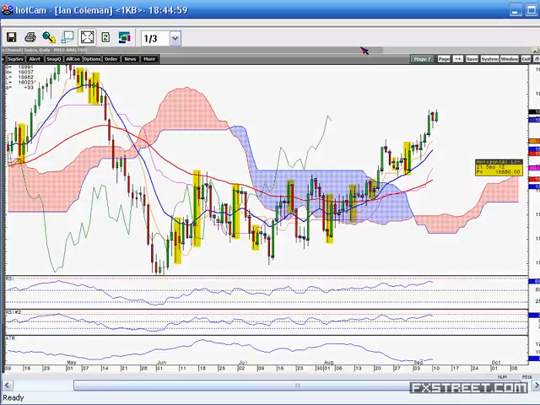A good one at the moment is Aussie dollar. So let's think about our bias. Our dollar bias is still negative, so we're buying other currency pairs or selling against a bearish dollar bias. We've always got that in the back of our minds.